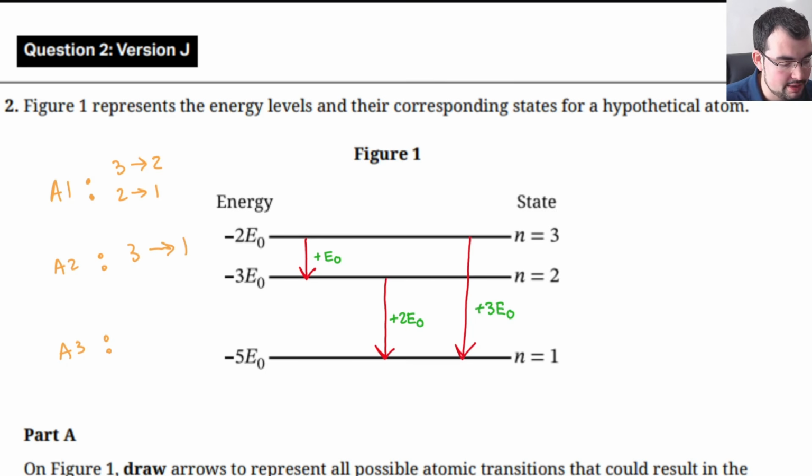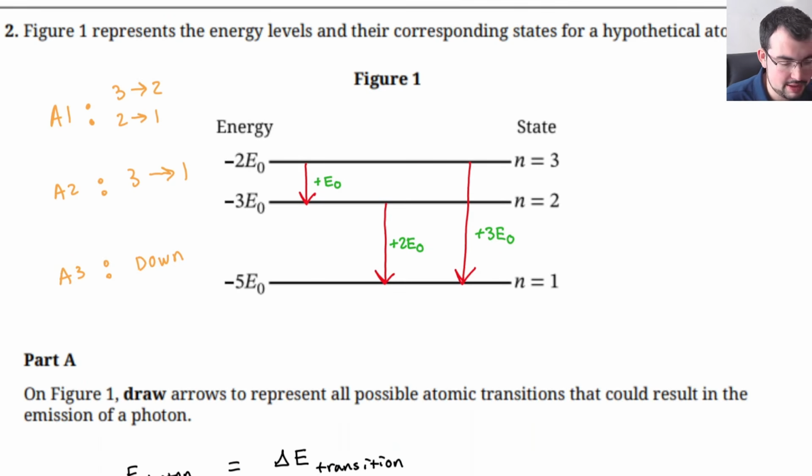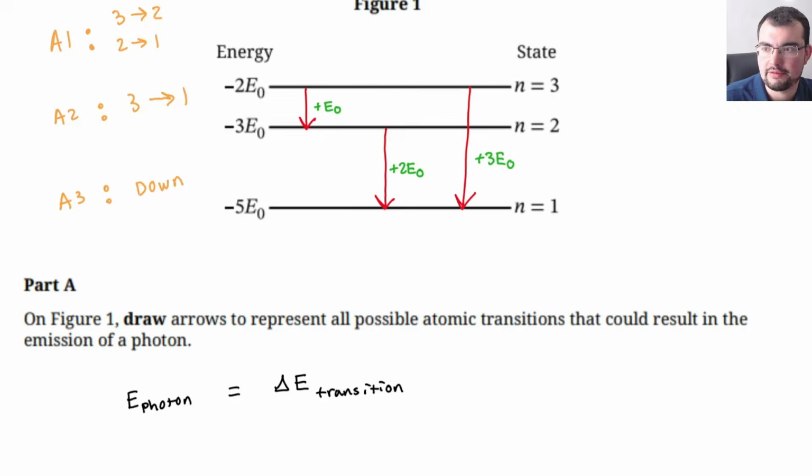And then your third point, I'm almost certain there's a point for all arrows pointing down, because the transition probably has to have a direction to it. You have to show that it's only going to lower potential energies that's releasing photons. So I don't think doing something like this would give you that, because it's really specific. It's about the emission of a photon.